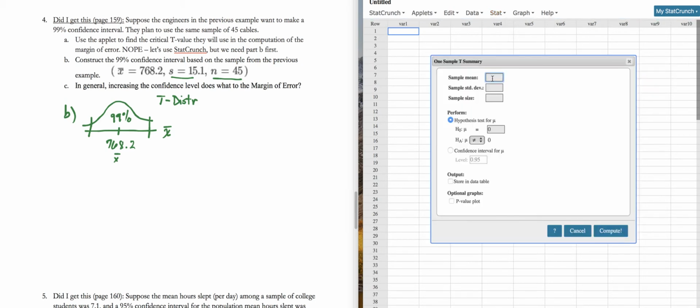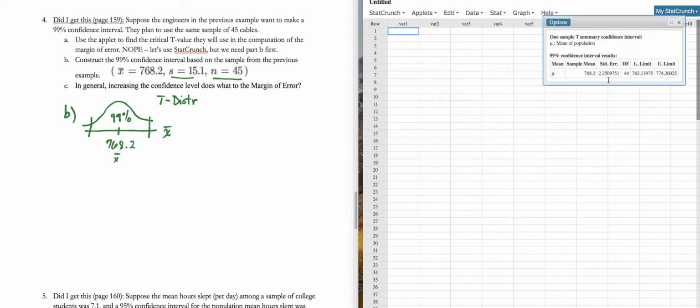Our sample mean is 768.2. Our sample standard deviation is 15.1. Our sample size is 45. We have a confidence level of 0.99. Click compute.